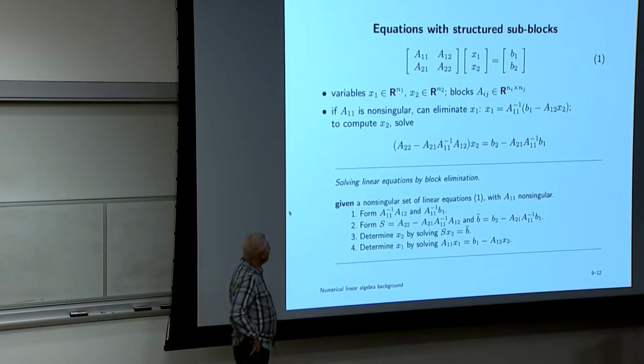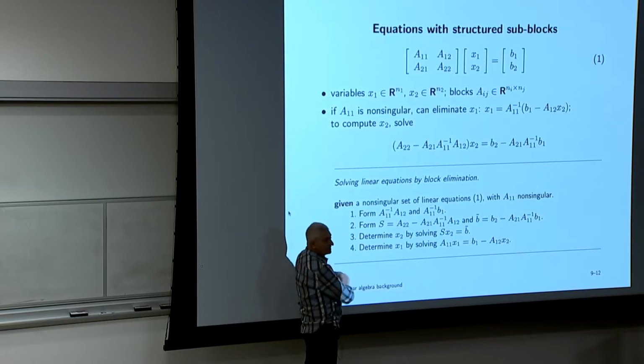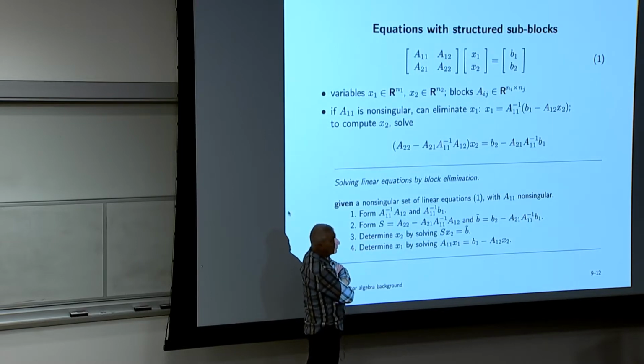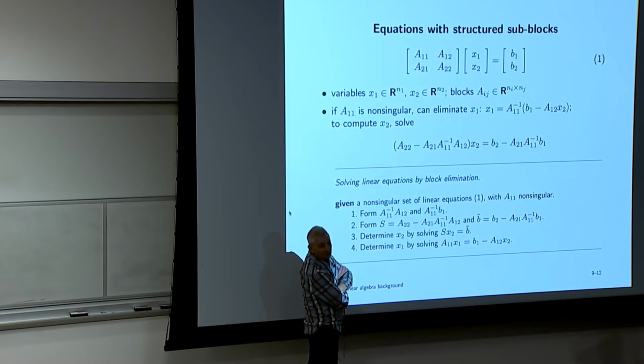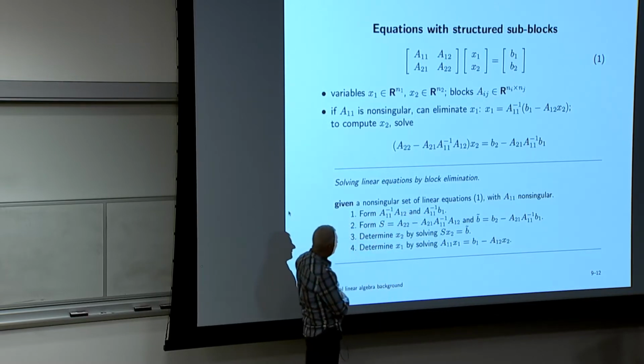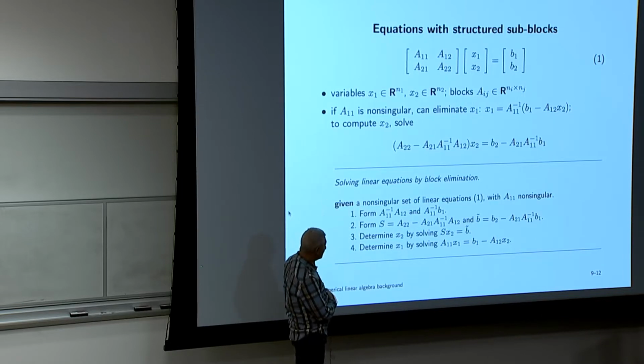If I were to double click on that and expand it, it would look like this. Factor A11, then solve with B1 and solve with each column of A12, right? That gives me these two matrices, okay? Next step is I form S, that's the Schur complement, which is this thing.